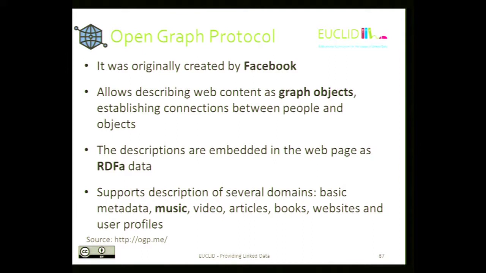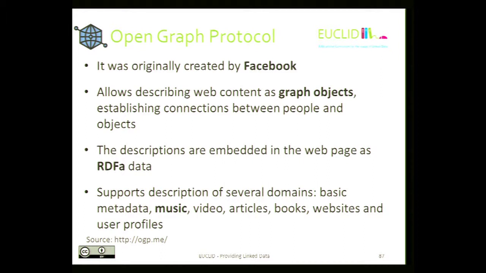Okay, and then the third big player, Facebook. Facebook for a long time have been trying to build a graph that extends on their core value. Their core value, they have a very big graph of users, more than 500 million users, and they have social relationships between them.